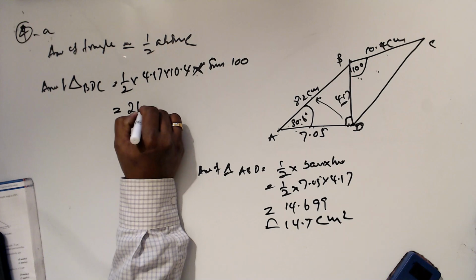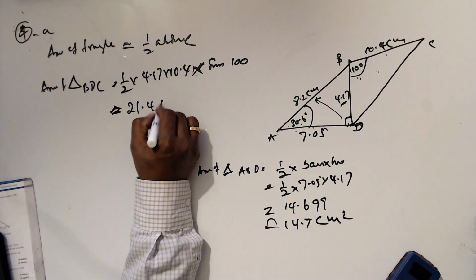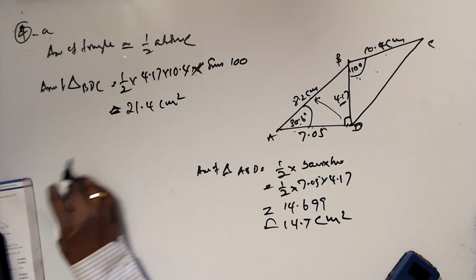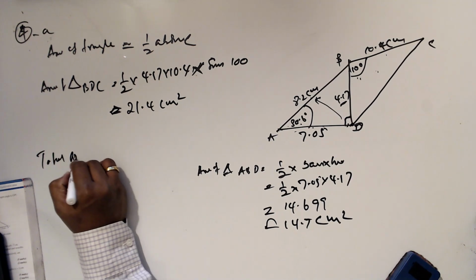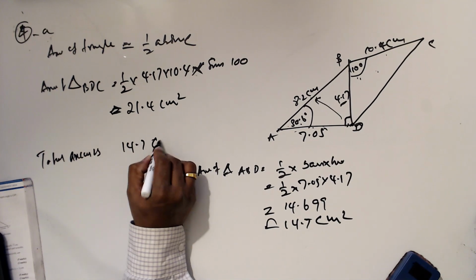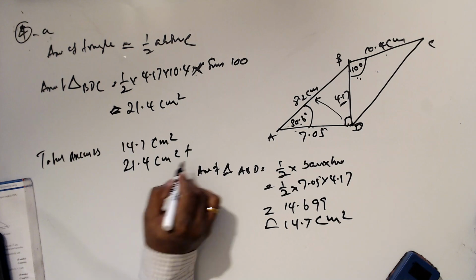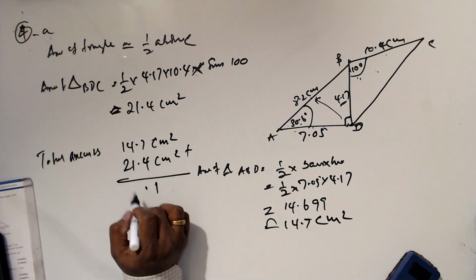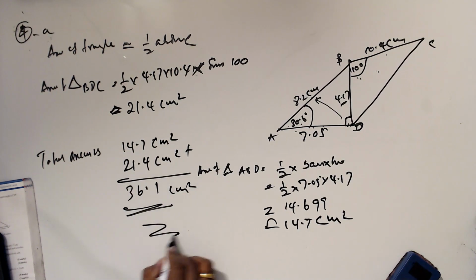From the calculator, approximately 20.4 cm squared. So total area is 14.7 cm squared plus 21 cm squared, which is 36 cm squared.